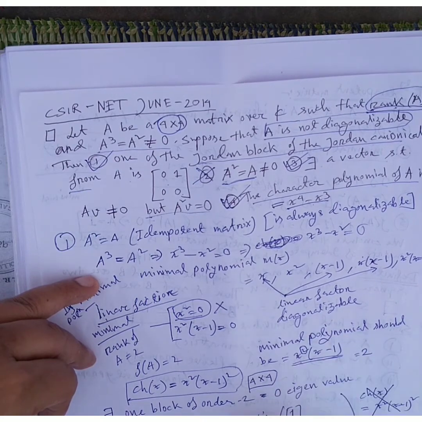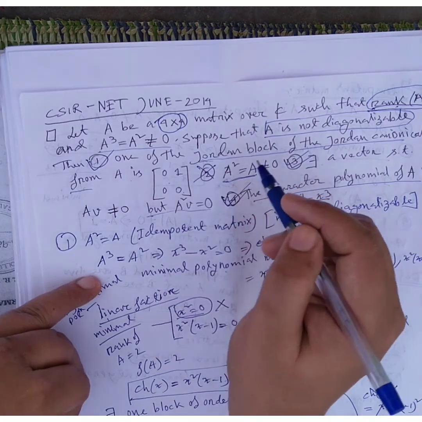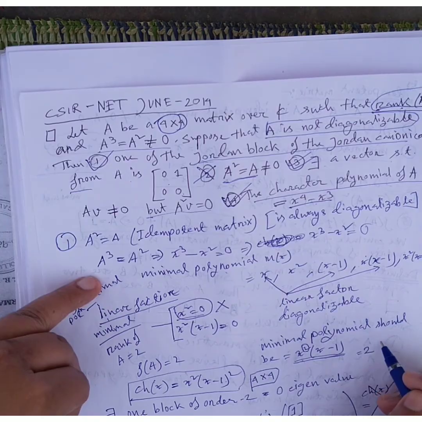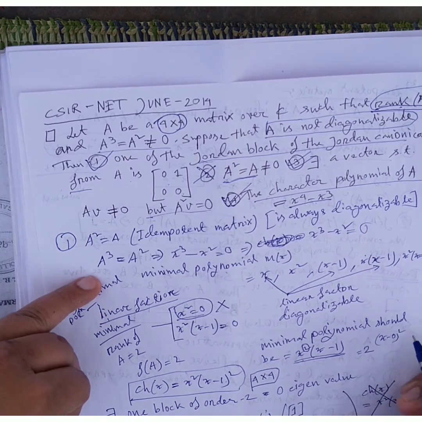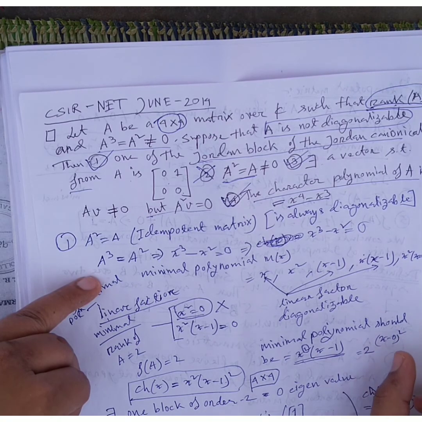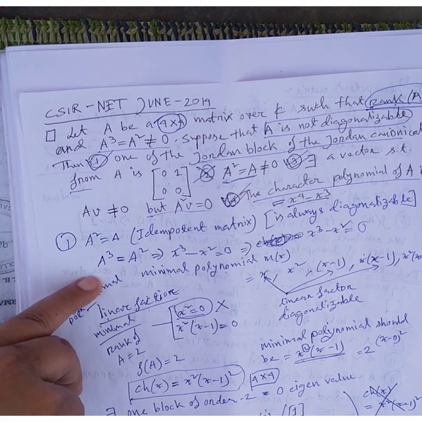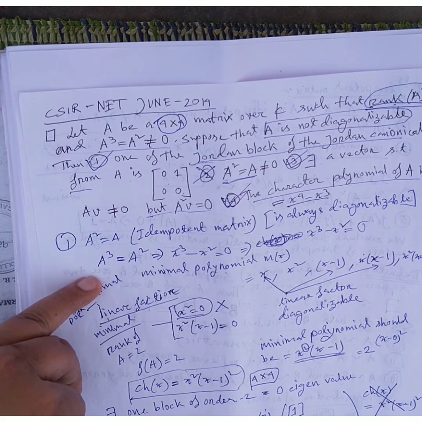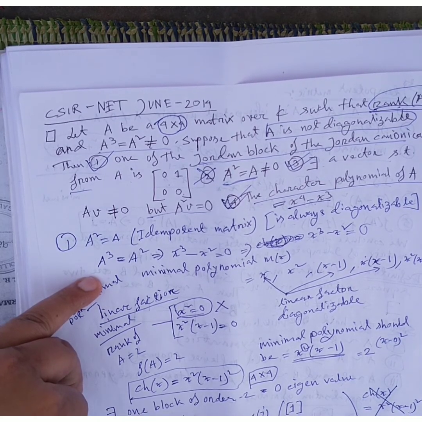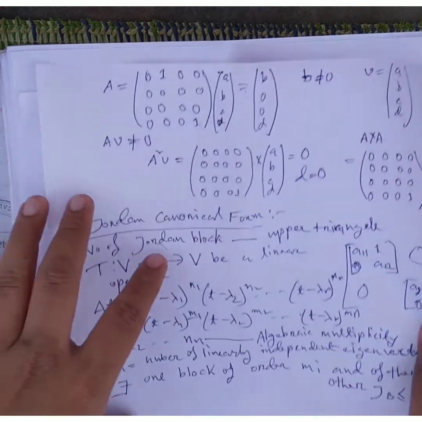That's why this first option is correct, because the minimal polynomial x square means (x minus 0) whole square. The power of eigenvalue 0 is 2, so here you see 0 1 0 0 is the minimal block, 2 plus 2 plus 2. So I take this.